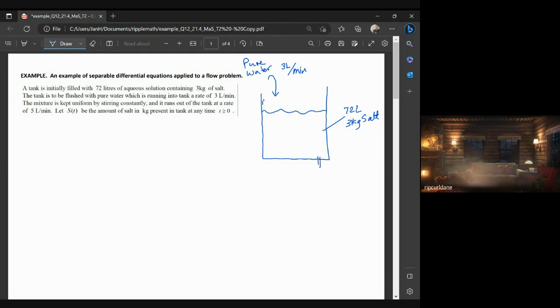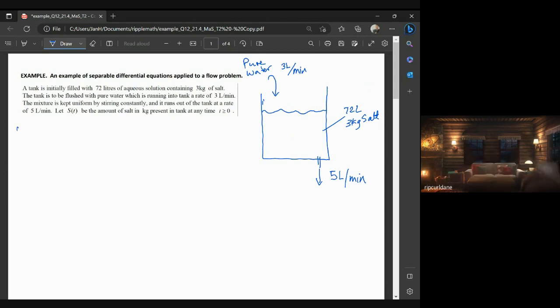And going out, we've got 5 liters per minute, got to read the problem, 5 liters per minute going out of capacity of liquid. And the concentration, we'll talk about that in a sec.